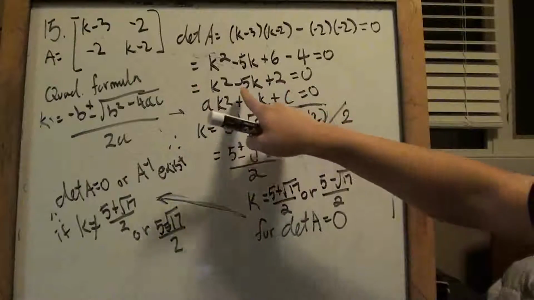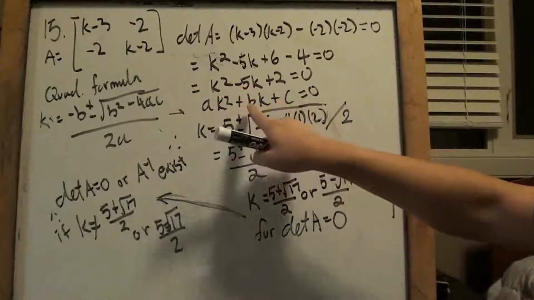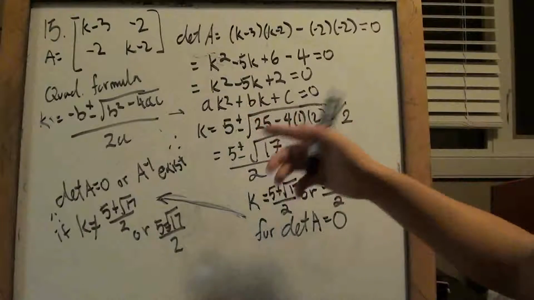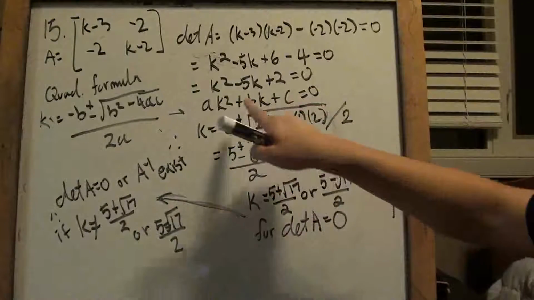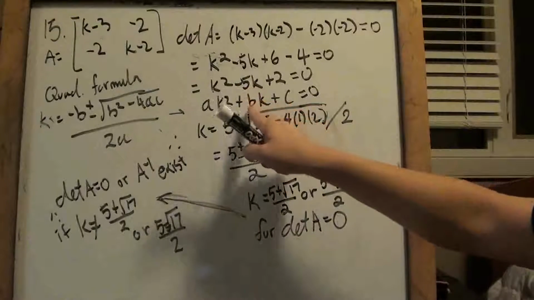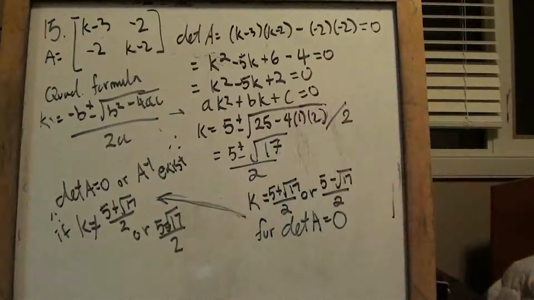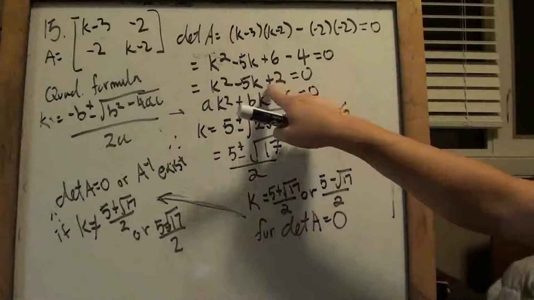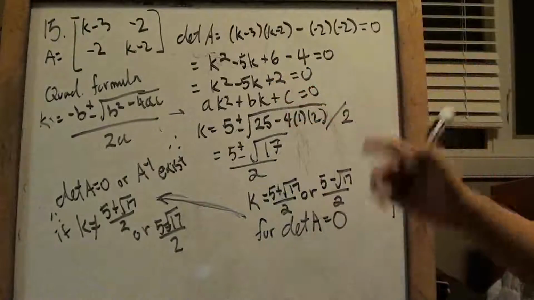Sometimes you could get confused because let's say here's negative 5, and it's like, well, it's positive b, right? So should it be 5? No, it's negative 5. Whatever is in front of k is the b value. And if this was not plus 2, if it was minus 2, c would be minus 2, right?